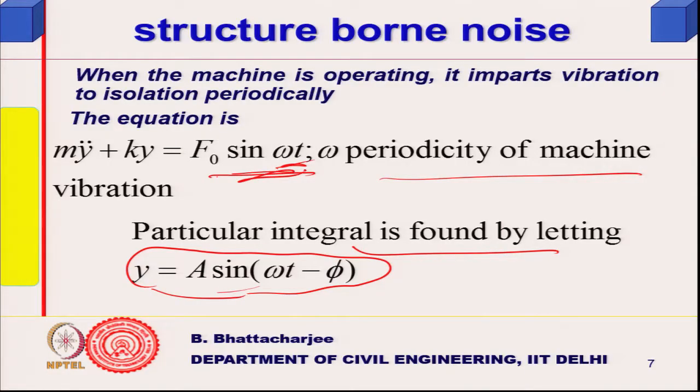Here it will be a sine or cos function. For this kind of sinusoidal function, the particular integral is of this kind. If you differentiate it twice, multiply by m, plus k y, and on the right side put F0 sin omega t, you will get the value of a.